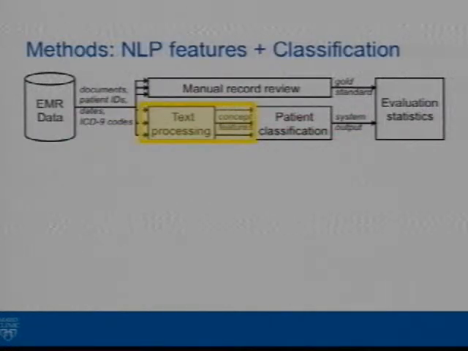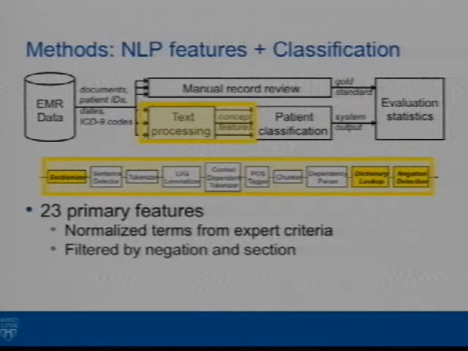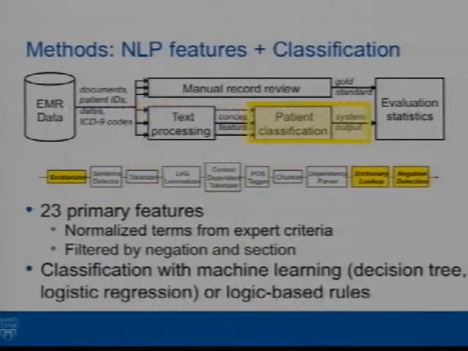So that's our data and the stuff that we're trying to estimate. And the way that we estimate it is, again, through a natural language processing algorithm, information retrieval producing 23 primary features for each document. And then we do a classification step using machine learning algorithms, decision trees, logistic regression.